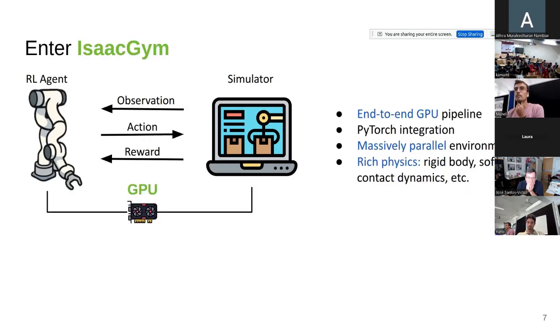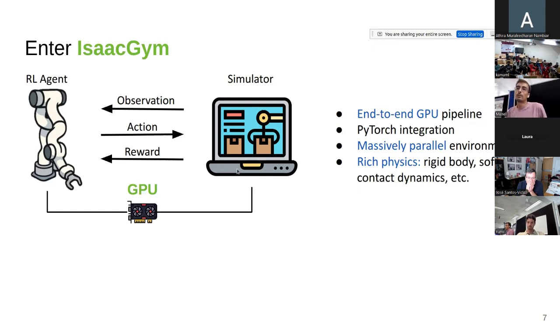So yes, but then this is the fun part. Enters Isaac Gym, which was developed by NVIDIA, and NVIDIA makes GPUs, as you all know. So they don't want to be using CPUs. They want everyone to buy GPUs. So they make these tools that run on their GPUs.